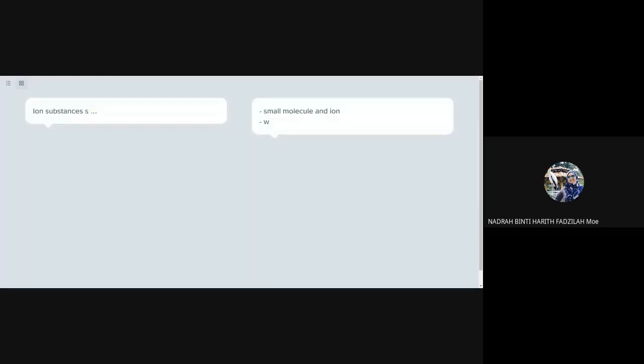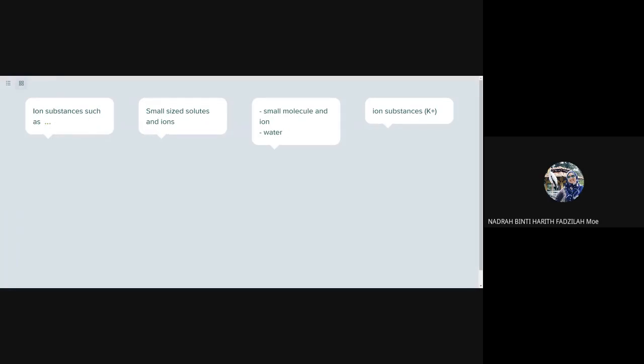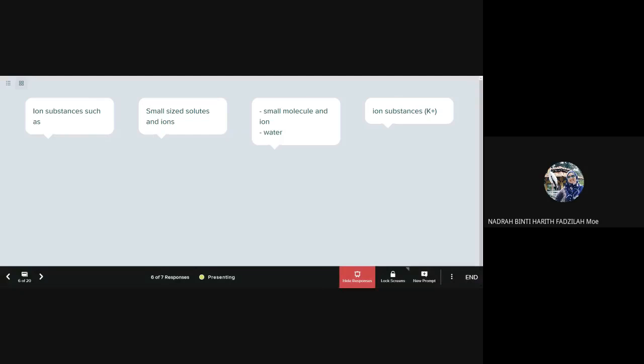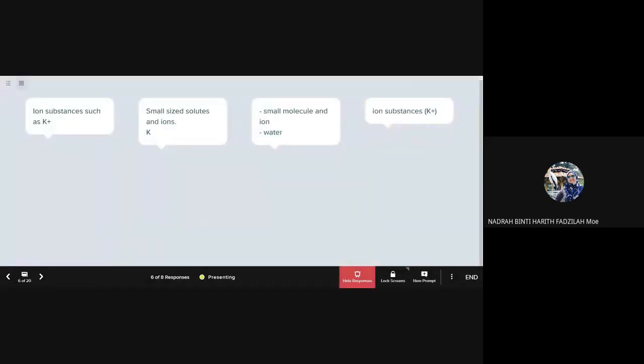Okay. So all four of you are stating the correct characteristics, ions atau small size solute and ions. You mention ion, okay. So ion, betul contoh dia ialah K+. Anissa very simple. Dia terus cakap K+. Okay. Now, Halis dia tulis, dia memberi pendapat, example dia adalah water.